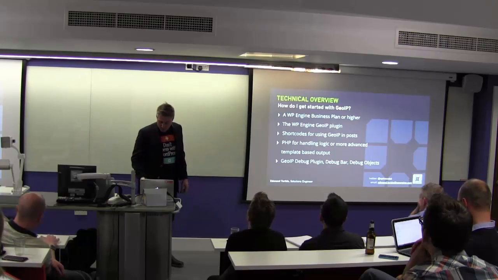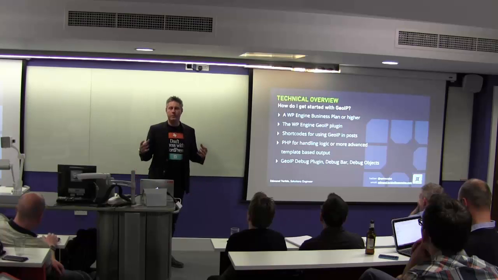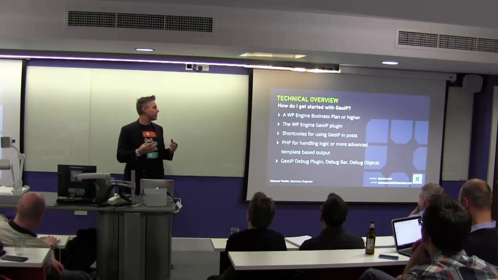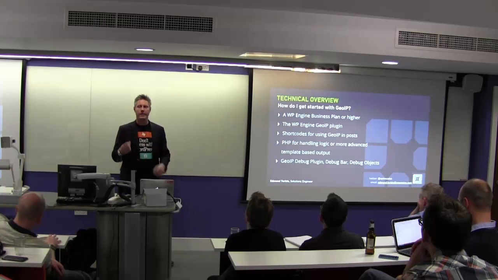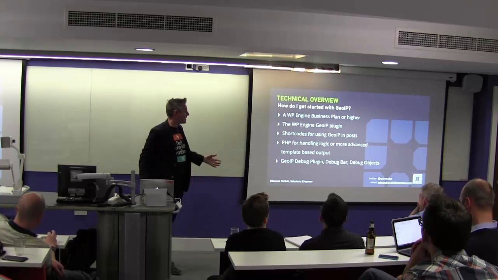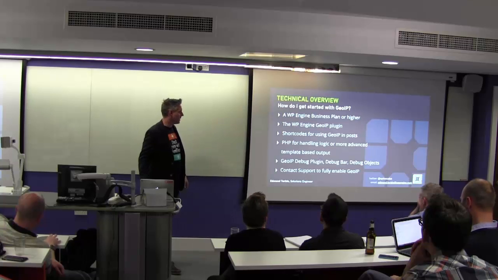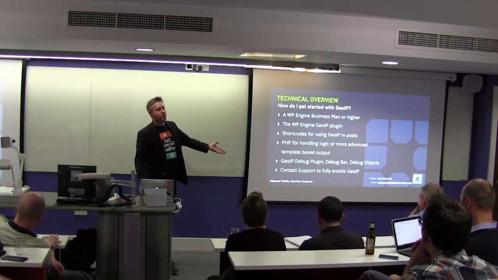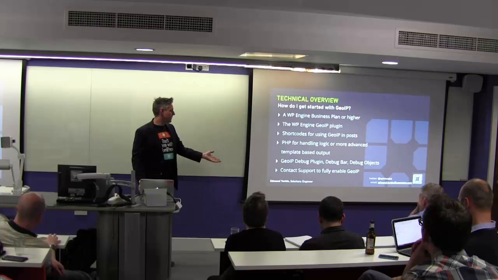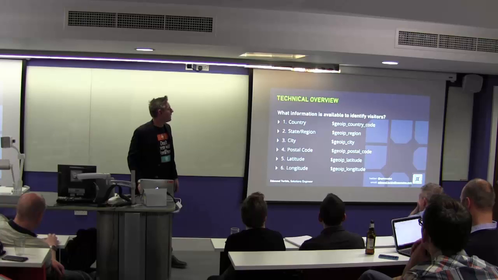So when a person makes a request to a GeoIP site, the GeoIP variables are taken in through the header request. That's how you can actually see the information that comes in. Again, if you are interested, you would need to contact support to get GeoIP fully set up.